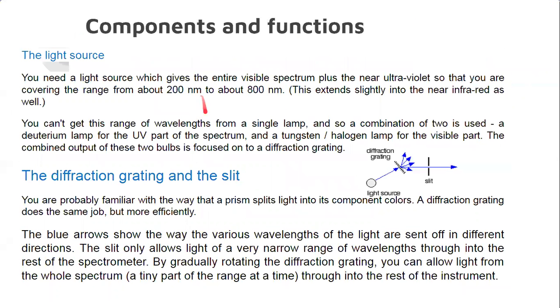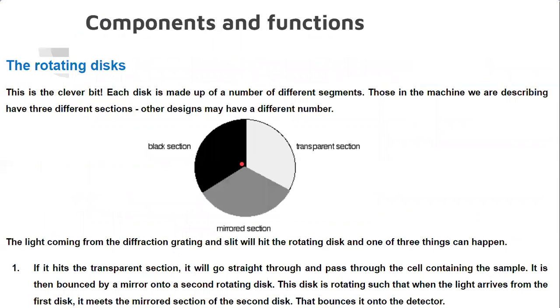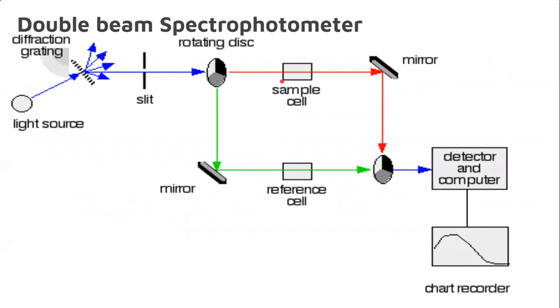A is directly proportional to C and L. C is the concentration of the solution and L is the distance traveled by the light, or the distance of the sample cell. If you maintain the distance of the sample cell and reference cell as constant, then absorbance is directly proportional only to the concentration of the analyte.